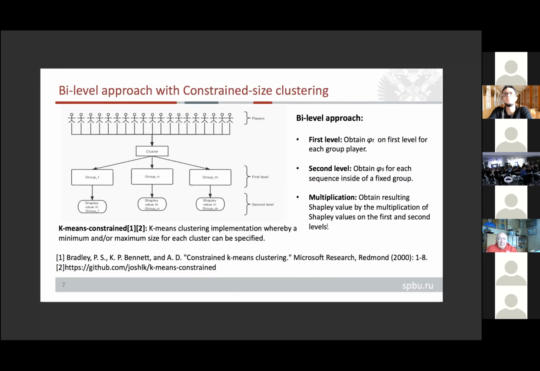What you can see on the right, the bi-level approach, the idea comes from game theory, from multi-level or coalitional game theory, where we have a group of agents N, and this group of agents is divided into several coalitions, and then we decide how to share the joint payoff.